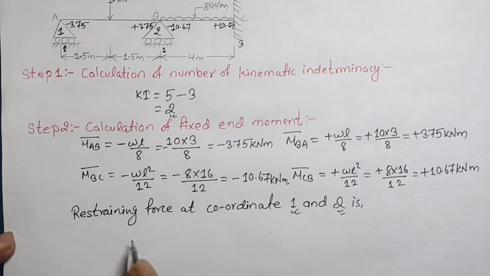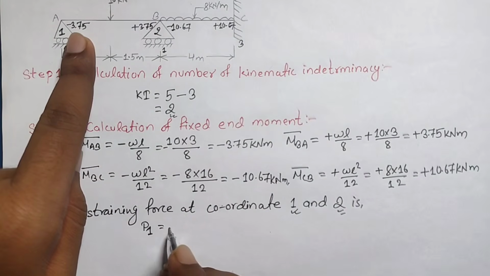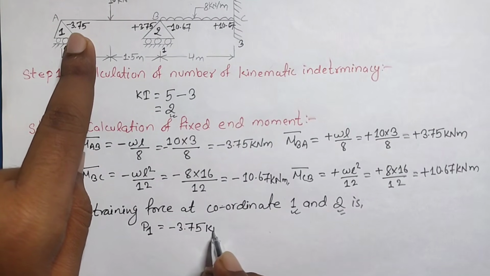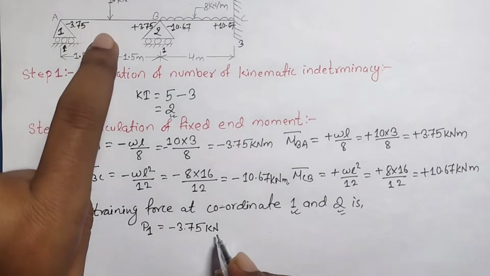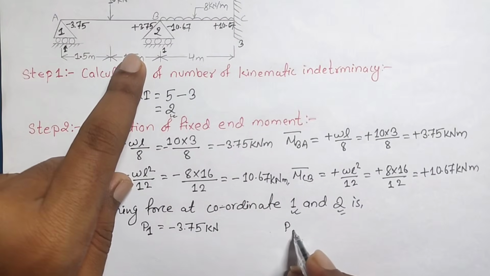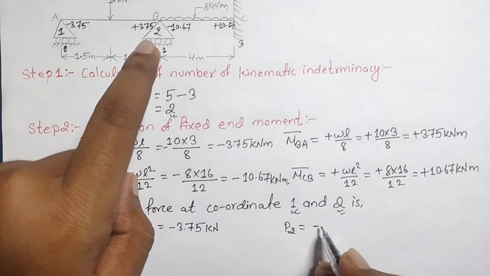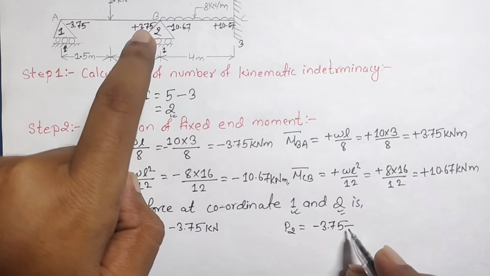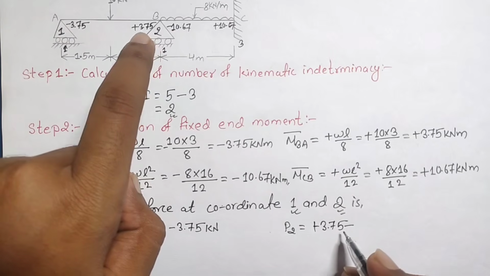Now the restraining force at point 1, that is P1, equals this force, minus 3.75 kilonewton, and P2 equals minus 3.75 and plus 3.75 and minus 10.67.